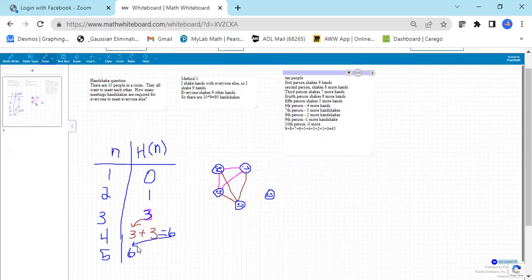But now, how many more handshakes? Now this 5th person comes in the room and they want to shake hands with everybody. So we've got to shake hands with this person, this person, this person, and this person. We got 1, 2, 3, 4 more. 6 plus 4, 10 handshakes with 5.